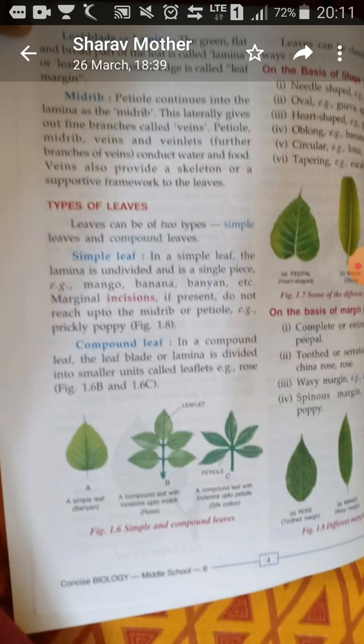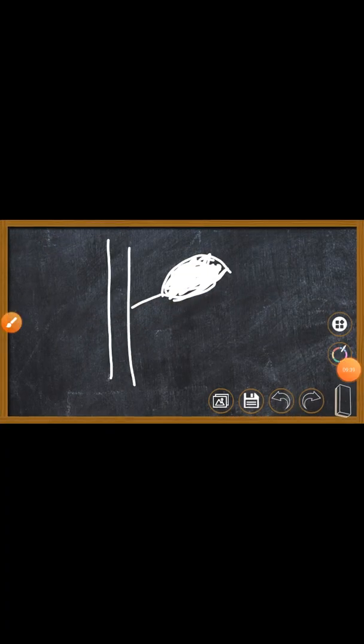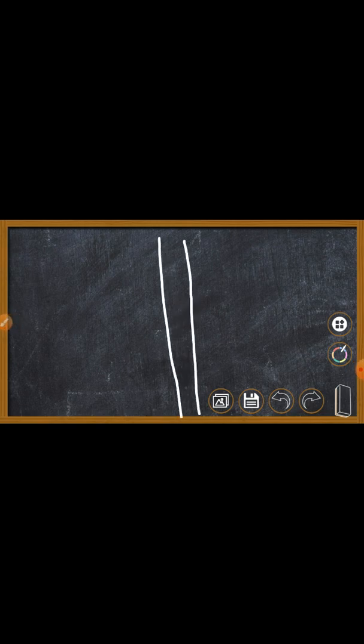Understood? And in a plant it looks somewhat like this. This is the main branch of the plant. This is the petiole, and further the midrib, with small leaves on it.